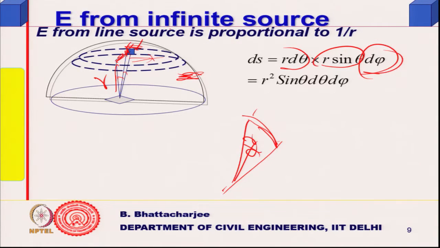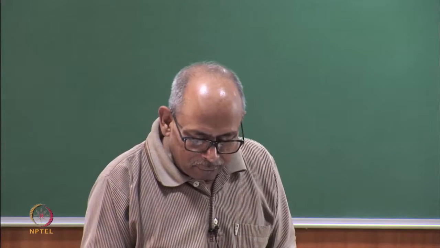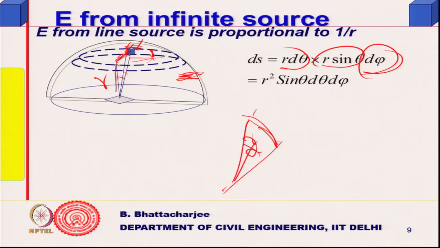So, this length is r d theta, because r is the distance and the elevational change is d theta at theta angle. So, this r d theta is the height, and r sin theta d phi is the width of a small elemental surface there, which I call ds.